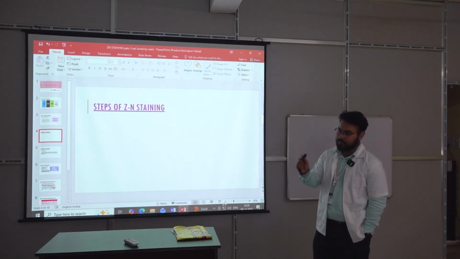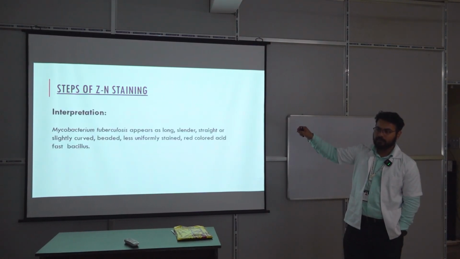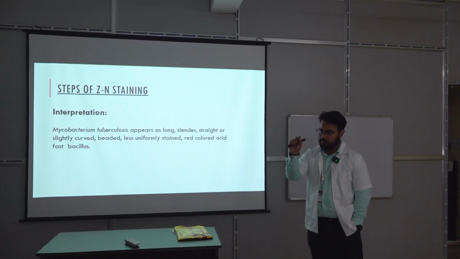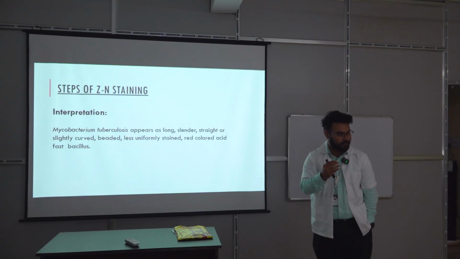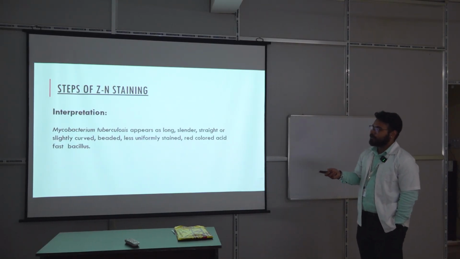So what you will observe, the picture: the acid-fast bacilli will appear red to pink and the background will appear blue because of the methylene blue staining. The interpretation of ZN staining is very important for your exam.